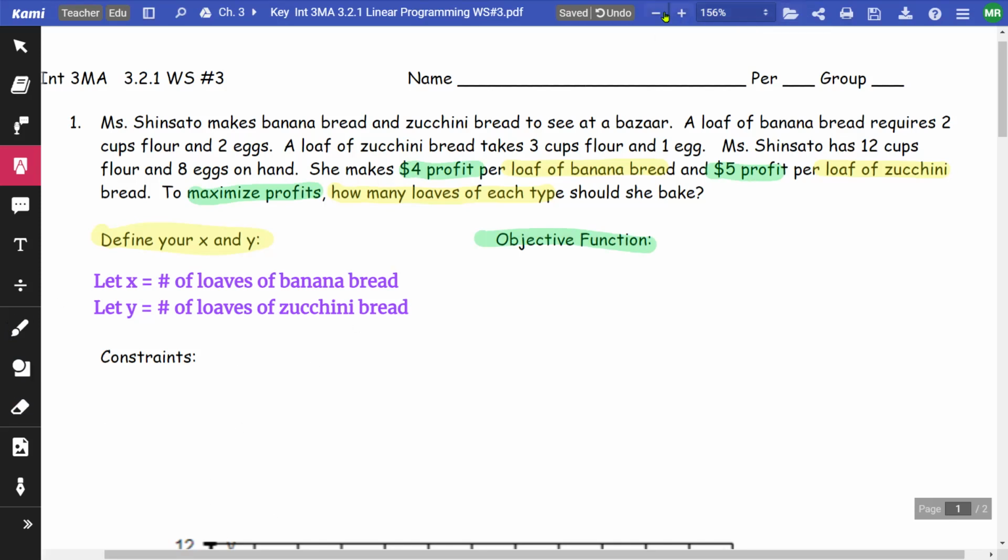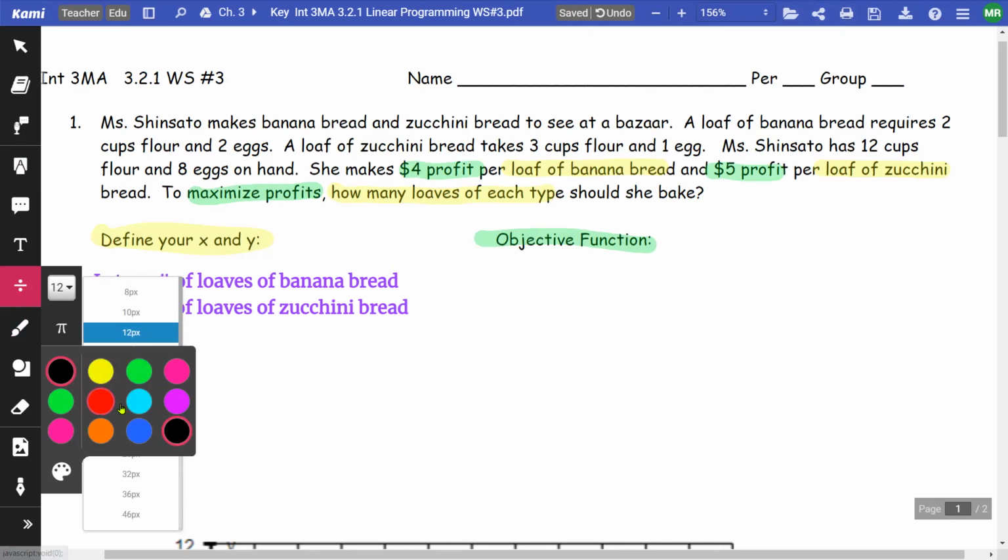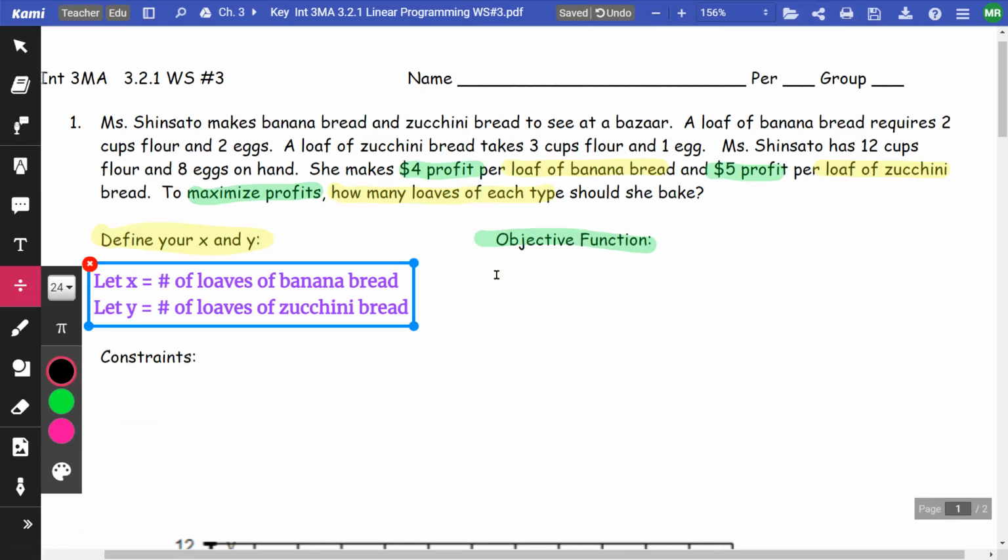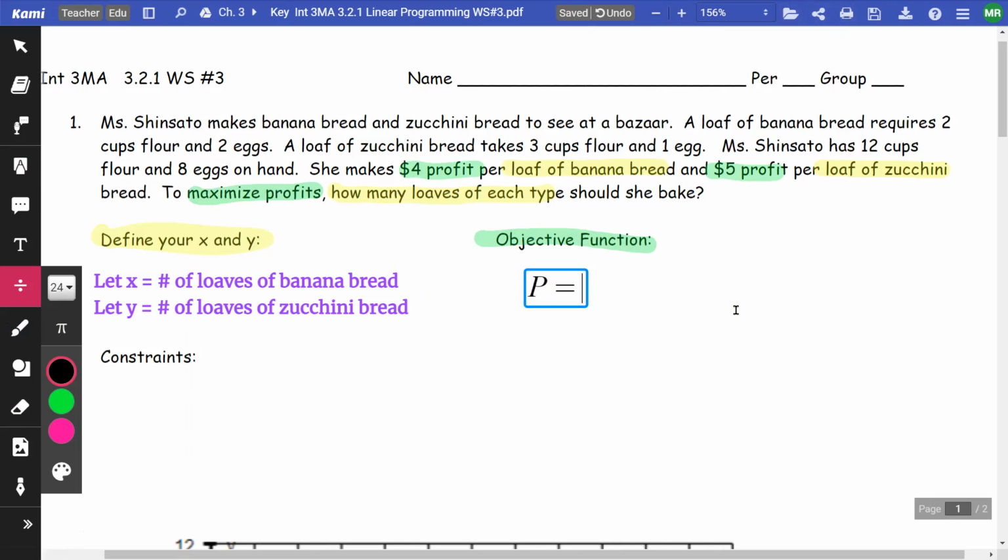So for my objective function, let me make this a little bigger font. P equals 4x plus 5y. That is going to be my objective function.